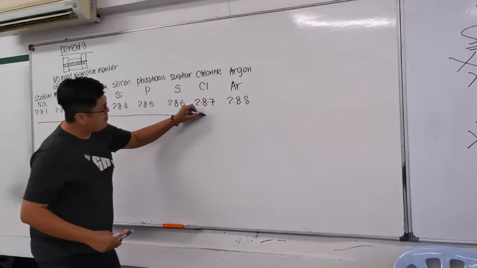Now zoom in here. In sodium, how many electrons do we have? 2, 8, 1. Total how many? 11. When you have 11 electrons, you have 11 protons, so inside here there are 11p. Argon is 2, 8, 8, total 18. When you have 18 electrons, you have 18 protons. Now imagine, you have 3 circles.